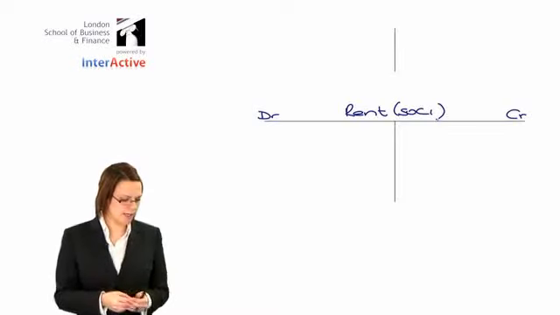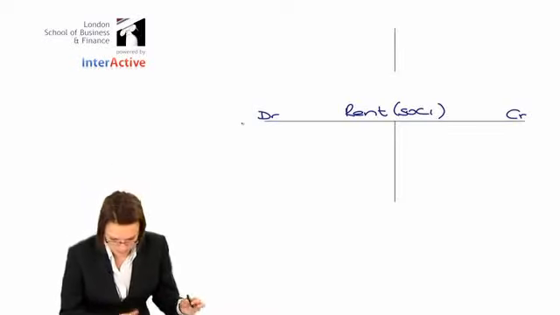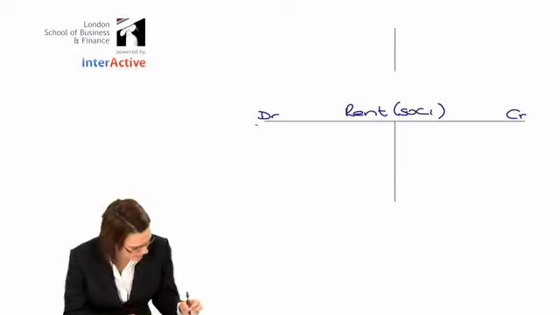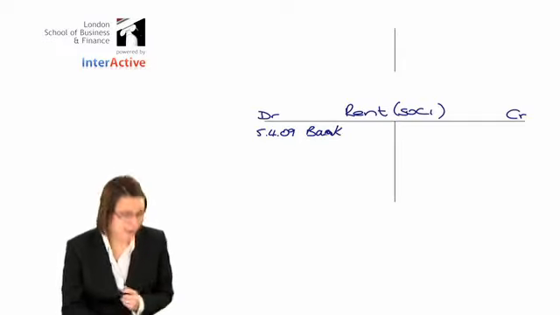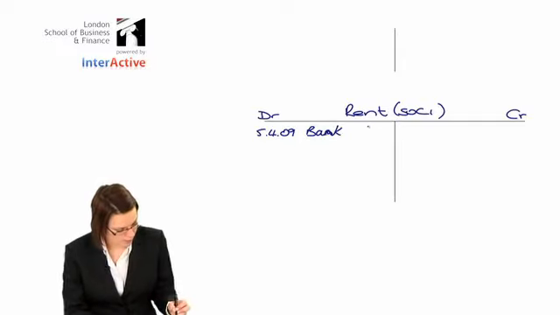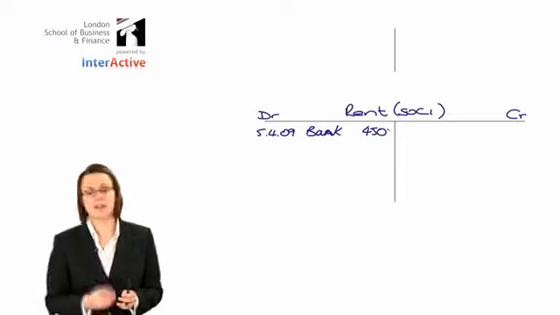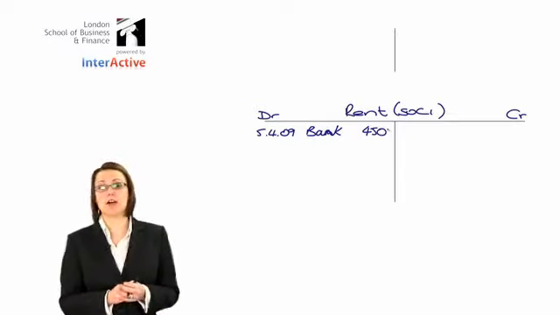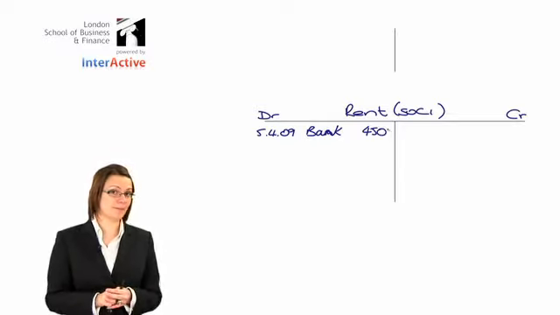Let's post the double entry then. Our debit entry, we said, was for rent expense. So the date, the 5th of April 09. Our opposite account is the bank account, and $450 is the amount posted on the debit side of the expense account.